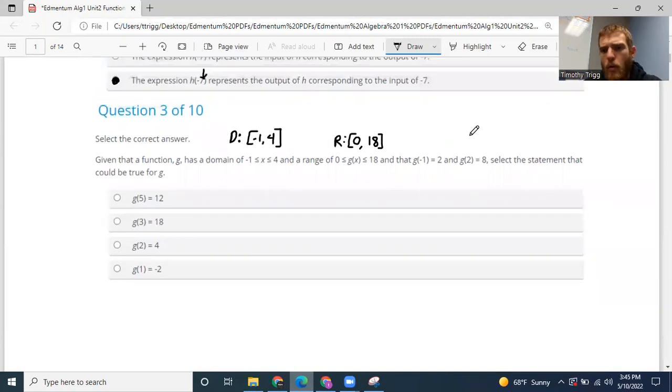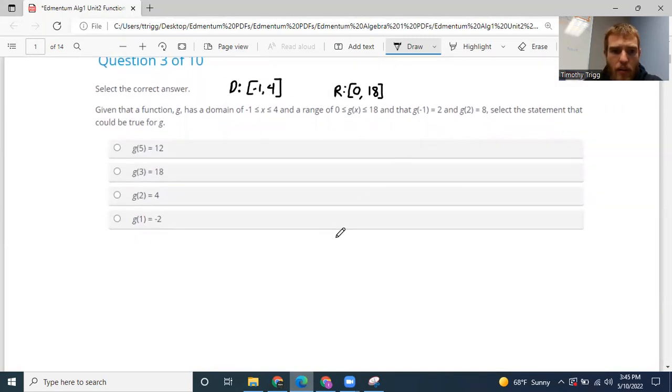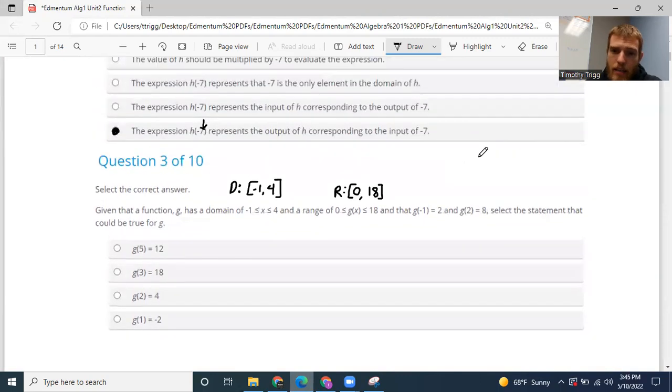Well, one thing we could think about is a graph here. I think what they mean to say is that this function is continuous. It doesn't say that it's continuous, but we're just going to assume.